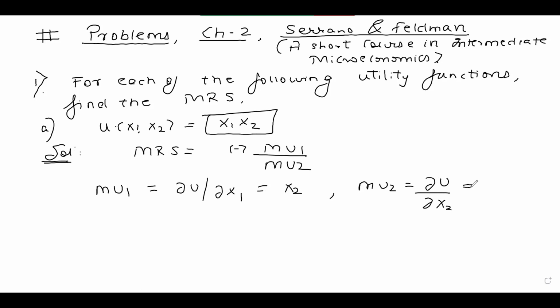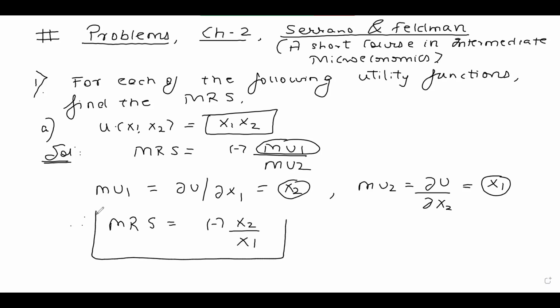When I partially differentiate with respect to x2, I get x1. So therefore, my MRS is minus x2 over x1. So this is my MRS for part A. I hope students have understood this.